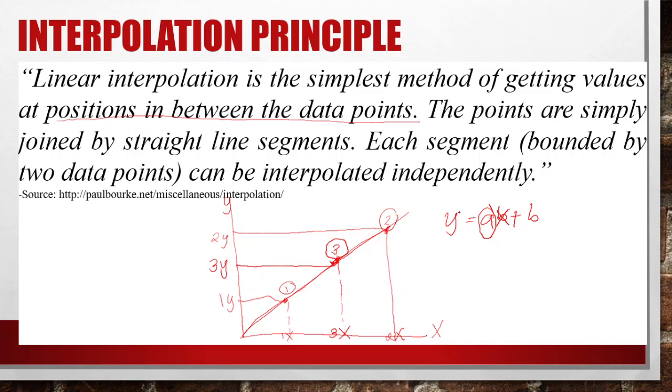So this is the constant line, where the slope is equal to rise over run. What I mean by that is the value is 2y minus 1y over 2x minus 1x.